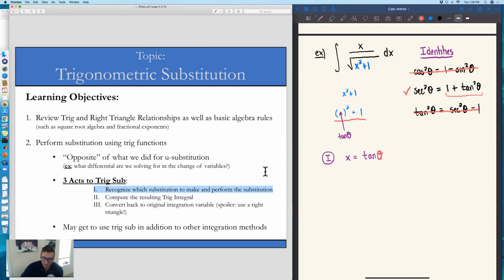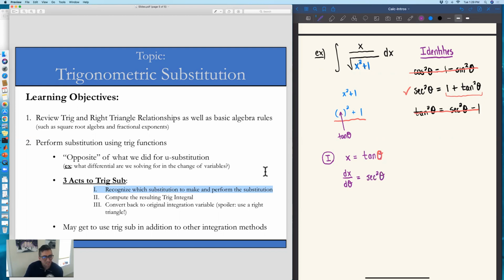So at this point, we also do a change of variables that turns a dx into a d theta. And the way in which we do that is we take the derivative, just like we did for u substitution. So taking the derivative of x, which is tangent of theta, with respect to theta, that gives us a secant squared term.